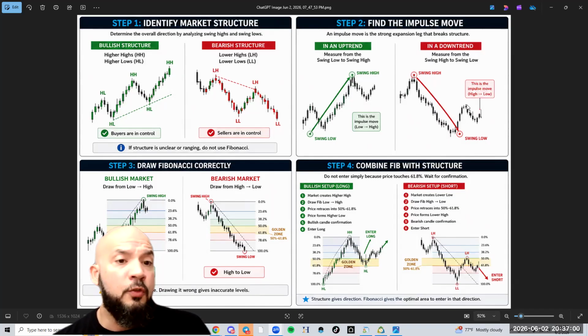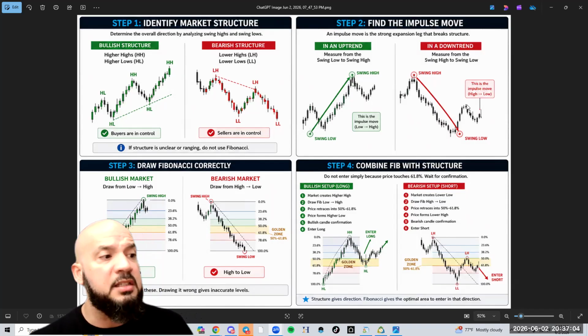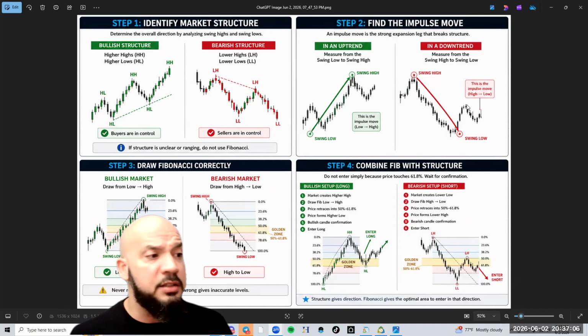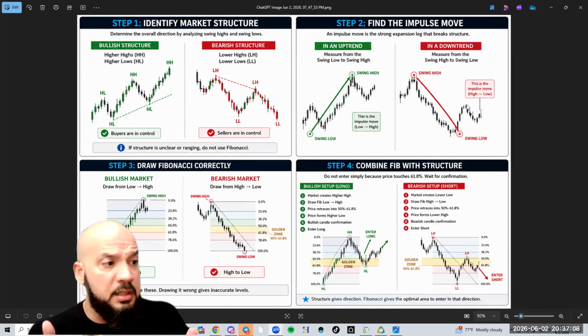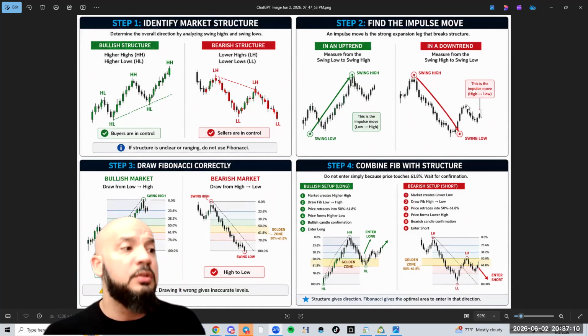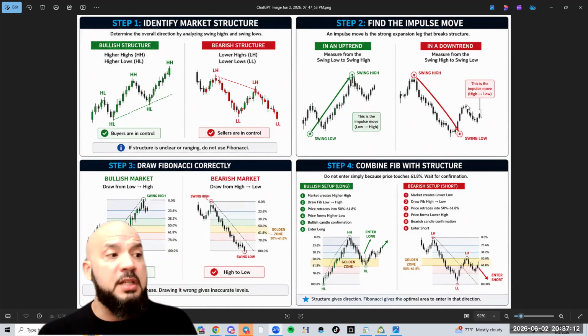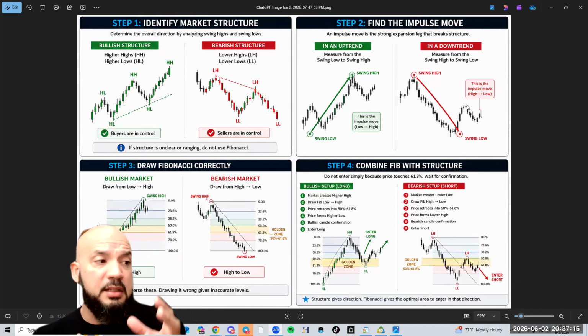The advanced way that I do it is I just set limits. And if price gets into my area, my limit is typically activated and it goes. The correct steps to take are you wait for price to get into the area and then start forming, if you're going for longs, bullish confirmation patterns.